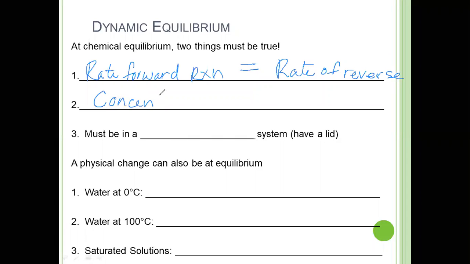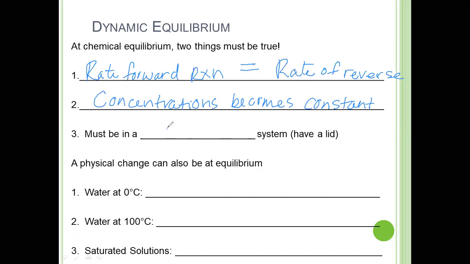Second, concentrations, which is just another way of saying amount, become constant. So think about concentration, constant, they both start with CON.